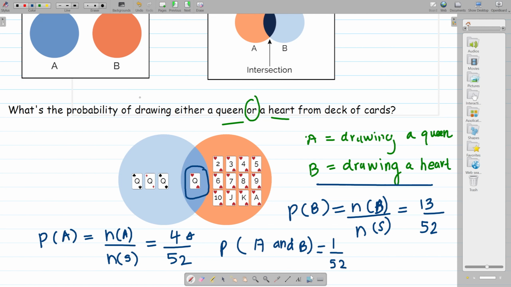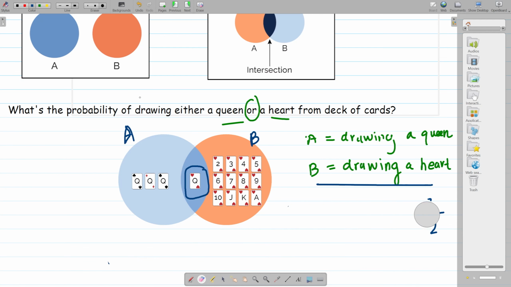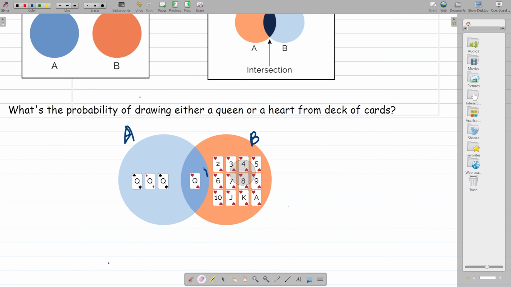There is only one card that belongs to both A and B events. Think that this is event A and this is event B. So what we need to do is just substitute the values we got using the Venn diagram to find the answer for this question, probability of A or B. You can write probability of queen or heart, whichever way you prefer.